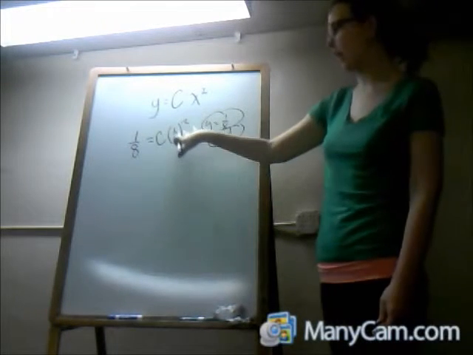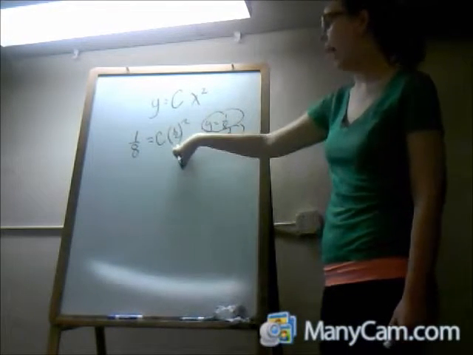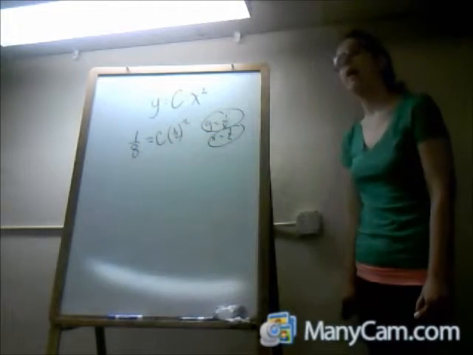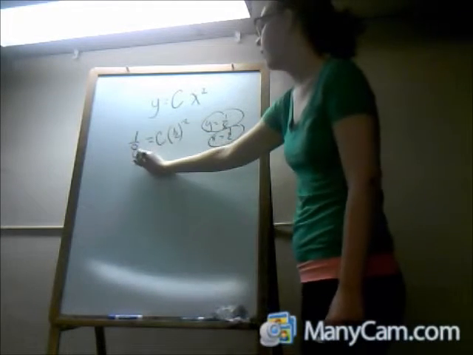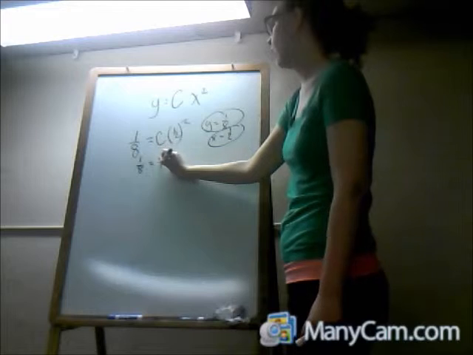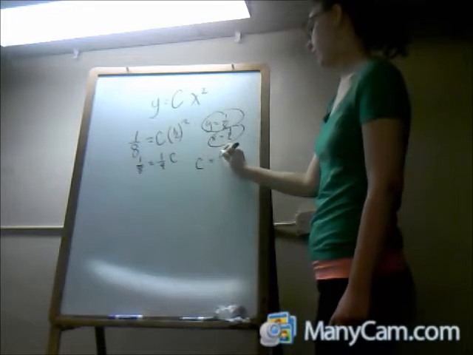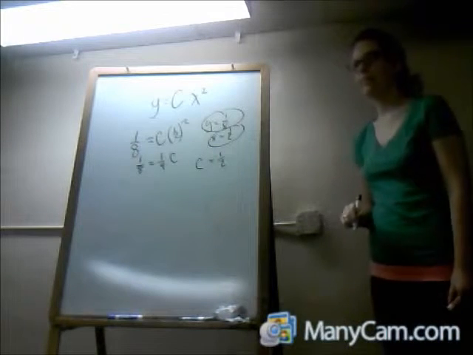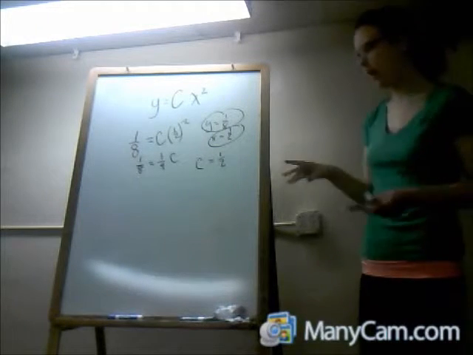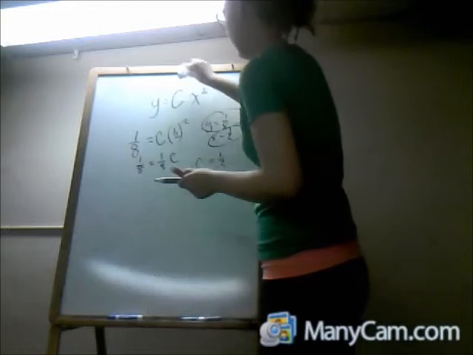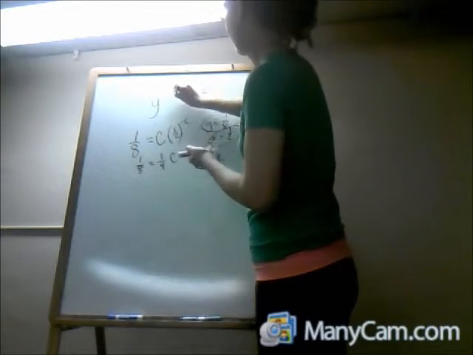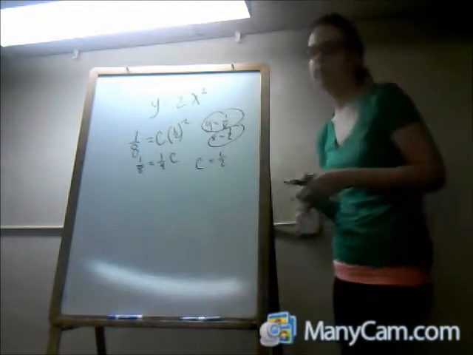Does that make sense? We're just plugging in x equals 1/2 and y equals 1/8. So we get 1/8 equals 1/4 c, so c equals 1/2, right? So now we know our equation is y equals 1/2 x squared.